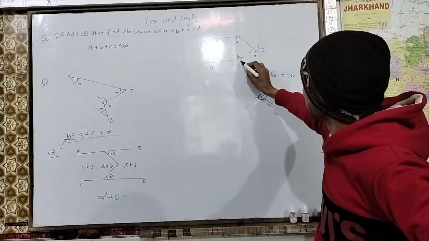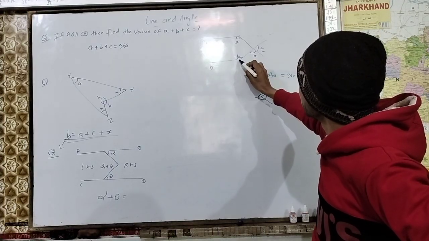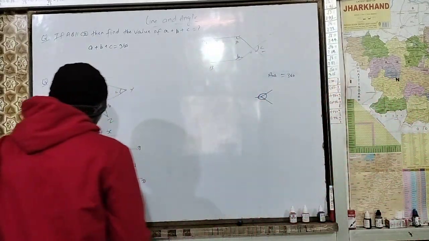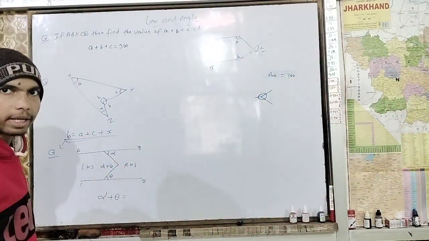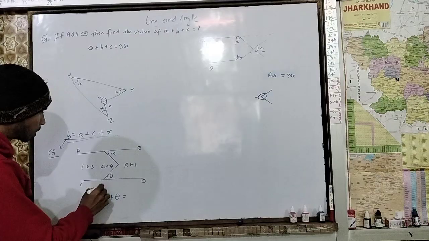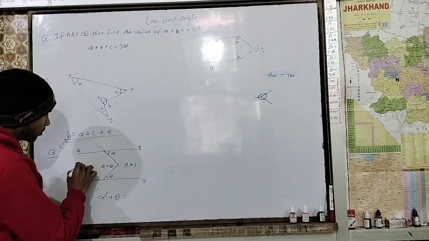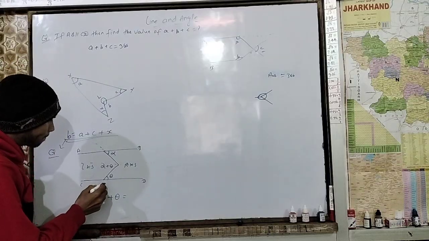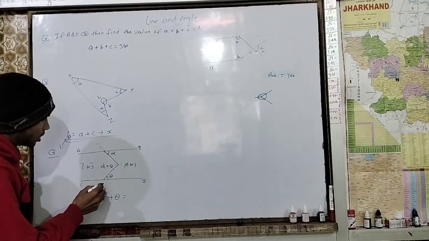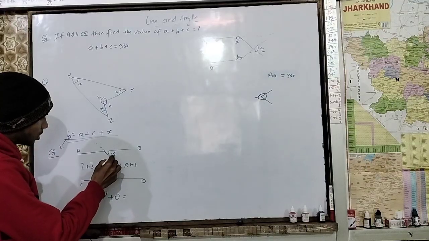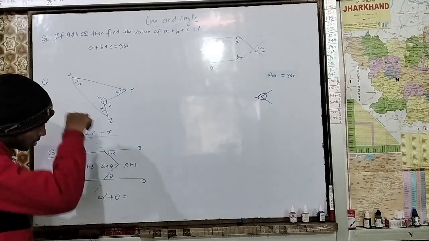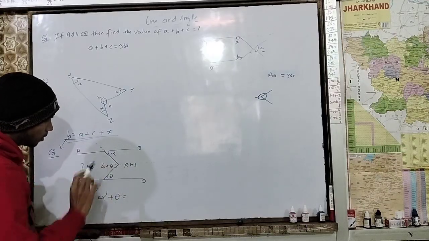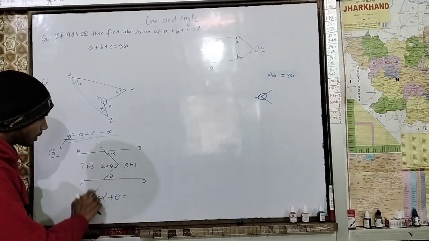Whatever the value of this angle is, according to the transversal line, this alpha plus theta will be equal to this.